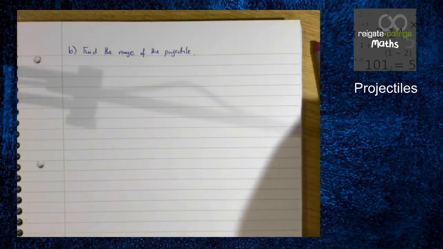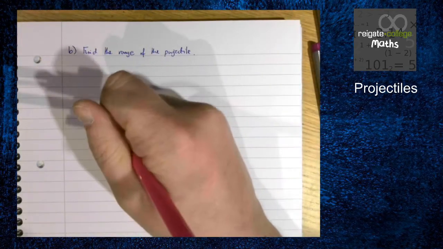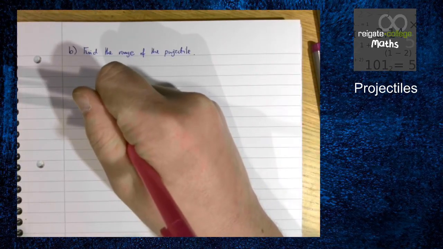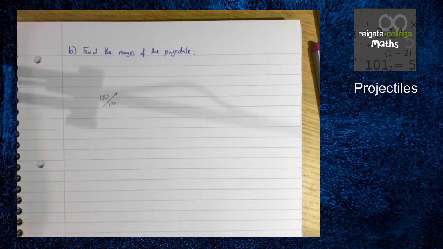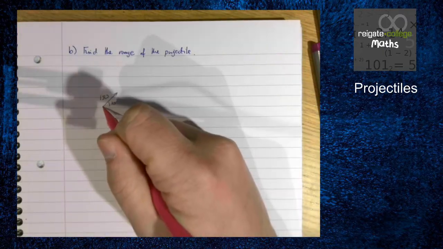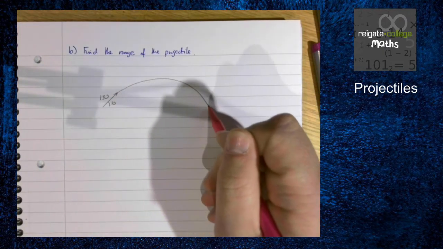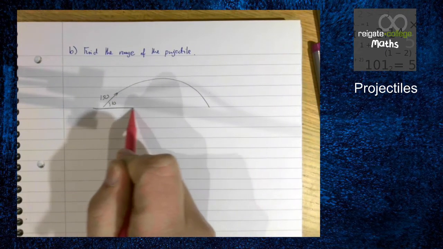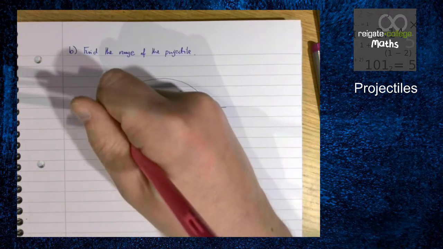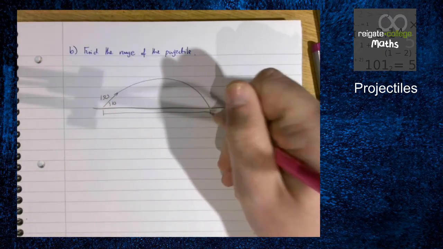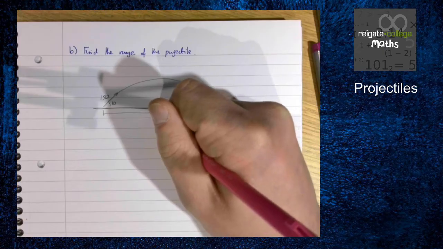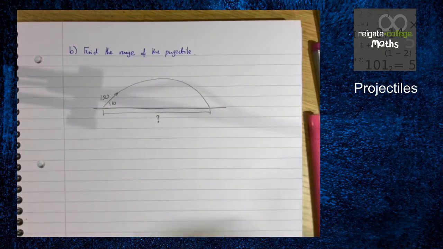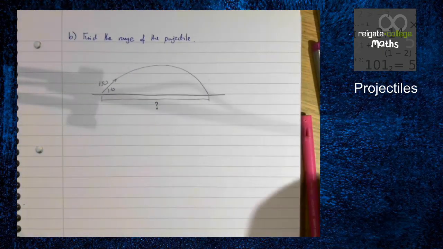So, again, we've got our initial velocity of 150 at 10 degrees. And now our particle does this, and it stops. Okay, the range is where it hits the ground again. So this distance is what we're trying to find. So this is where doing suvat in two directions is important.